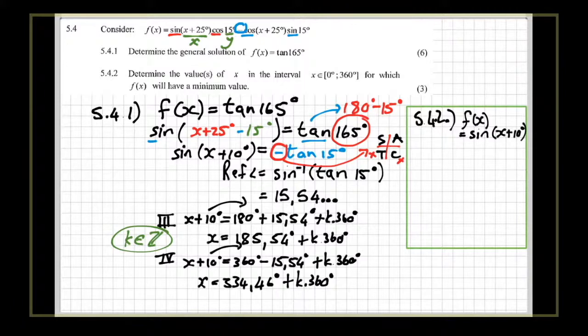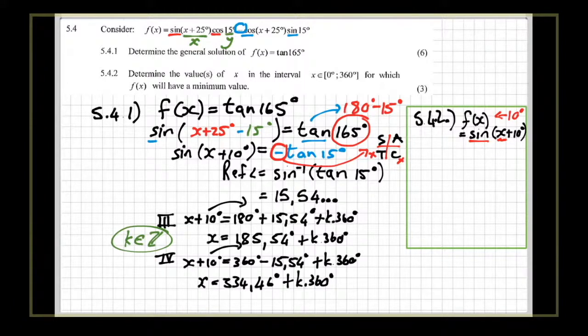Meaning it is the normal sine graph moved 10 degrees left. So if they ask me, determine the values of x in the interval for which f(x) has a minimum value, I'm going to go towards my graph of f(x).